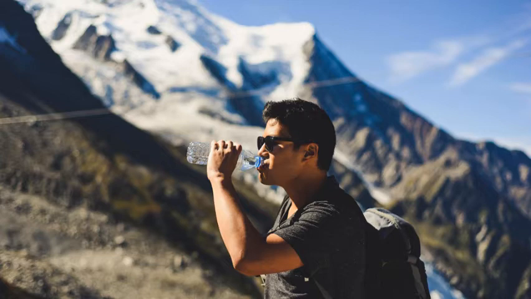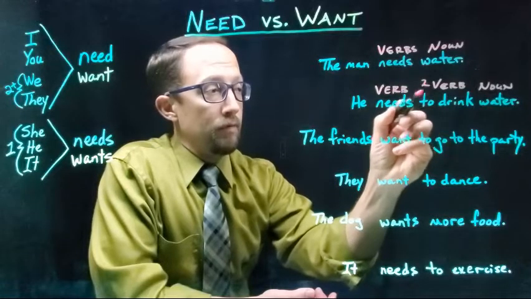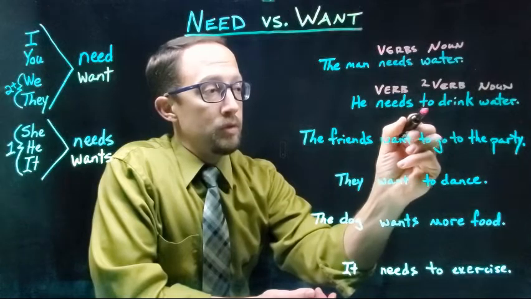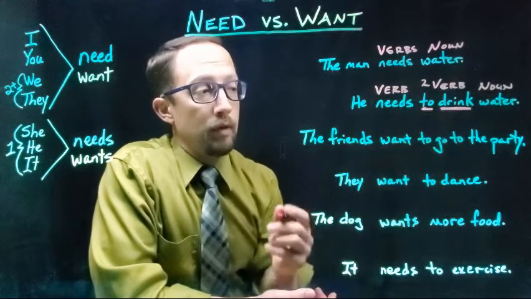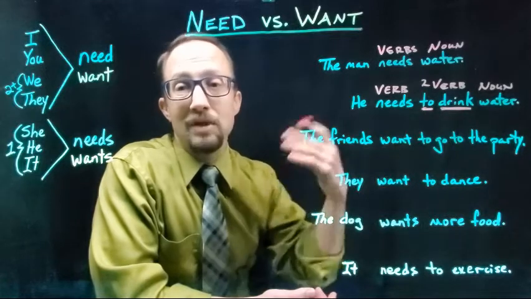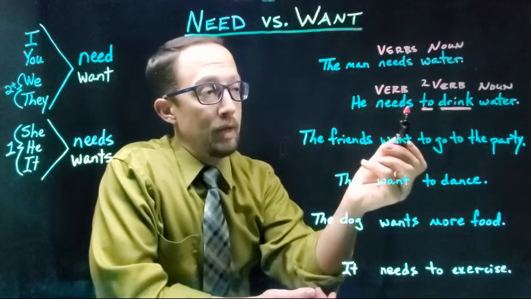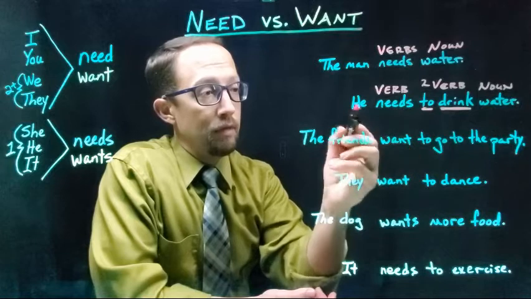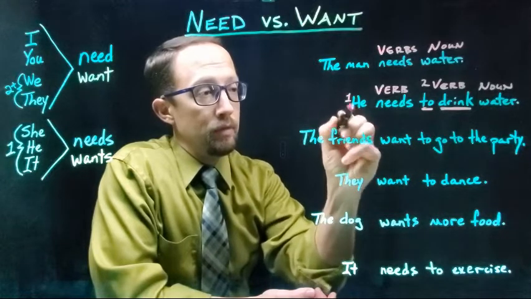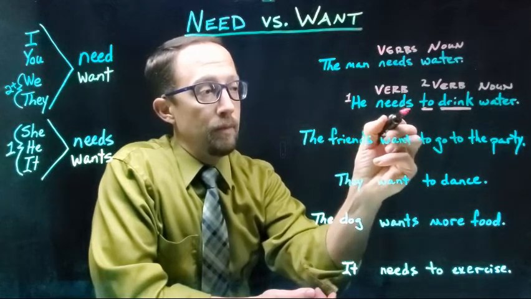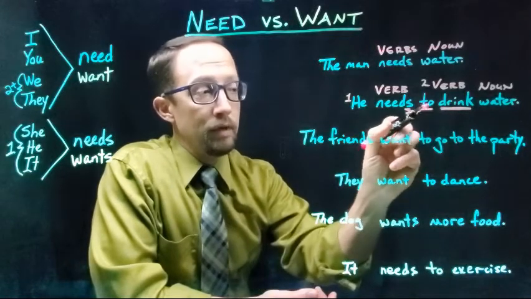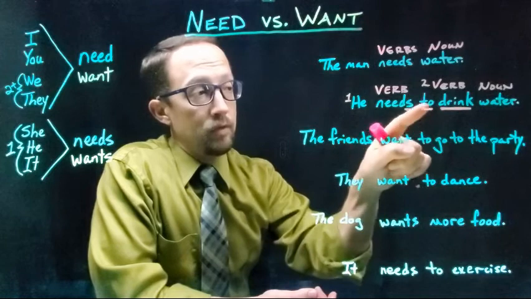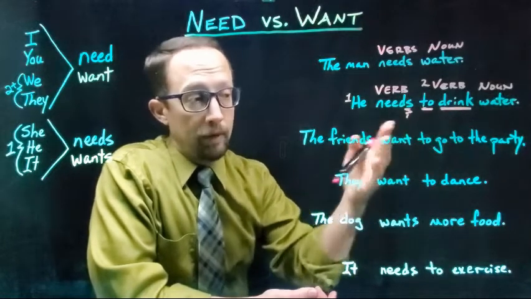But your second verb, you always use to and then the base form of the verb. You never use S. You might use S if this is only one person, he needs, then you do add the S. But never on the base verb, like to drink, to walk. Okay?